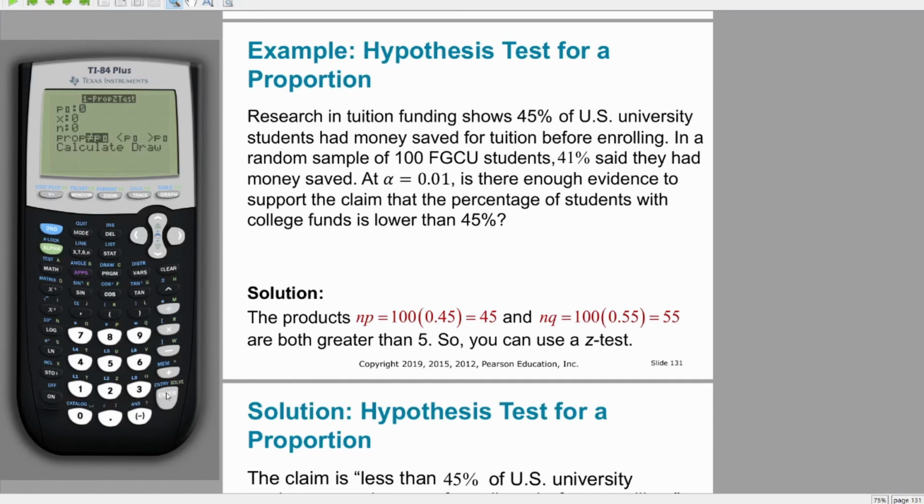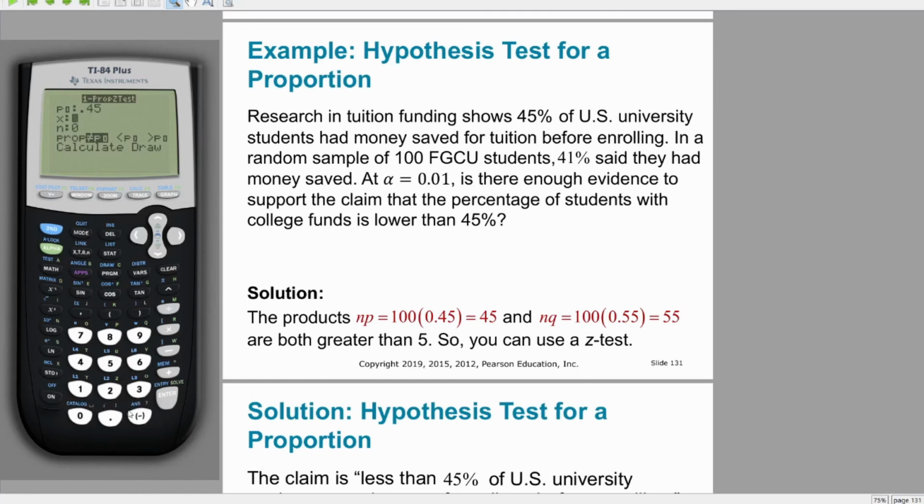Here we're going to put in the value for p-naught. We put this in as a proportion, where here we're talking about the research that shows 45% have saved money. So this value for p-naught is going to be that given 0.45. Meanwhile, when we look at the values from our sample, we represent this as a number of successes along with a number of trials.